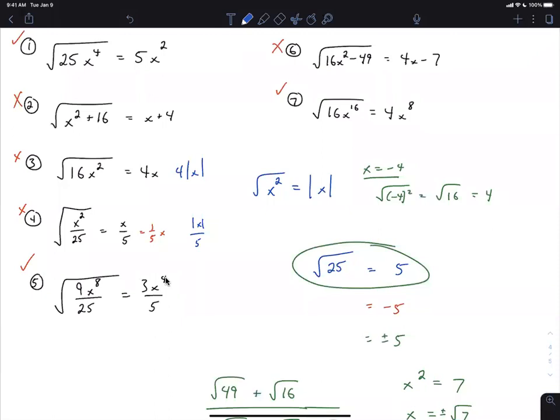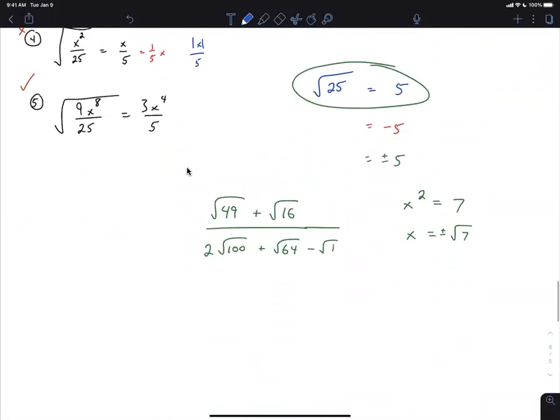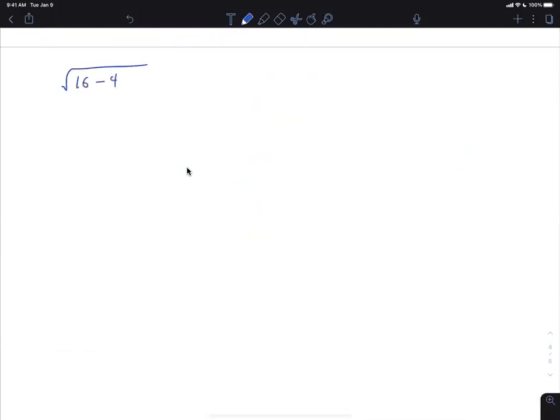Now, what we're going to work on is not necessarily that. We're going to talk more about the absolute value thing later. But what I would like to be able to do is take something like this and get rid of the square root.